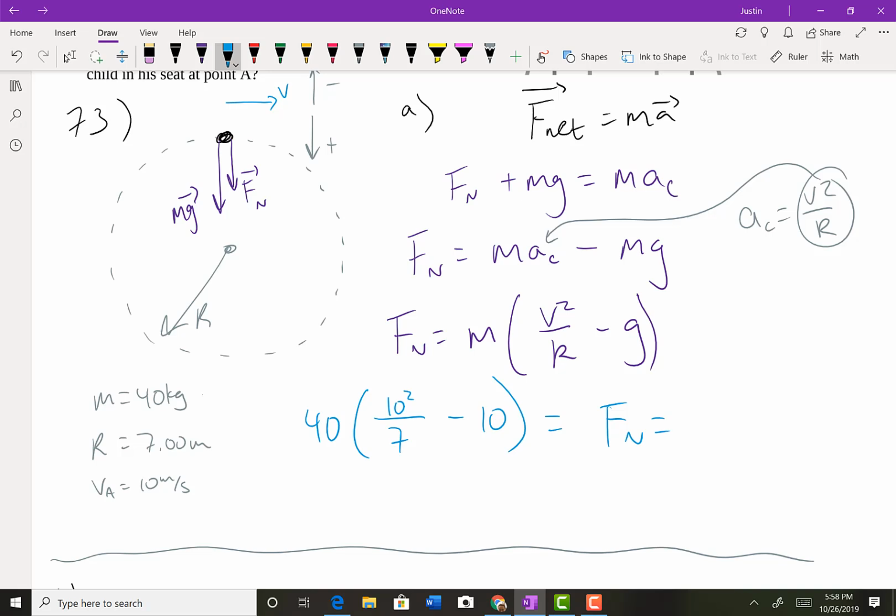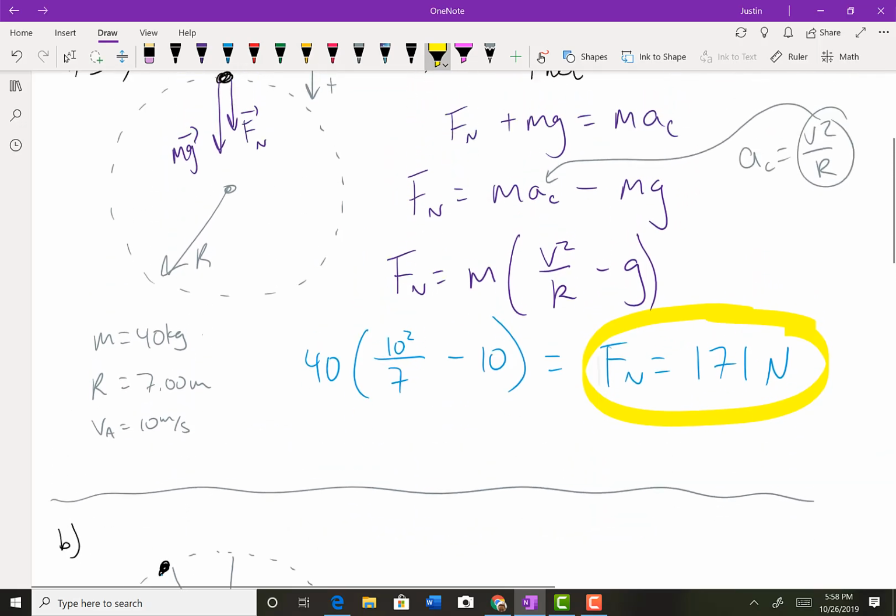It's 100 divided by 7 minus 10, times 40, and that's going to give me about 171, to 3 sig figs. 171 newtons. All right, there we go, 171 newtons.